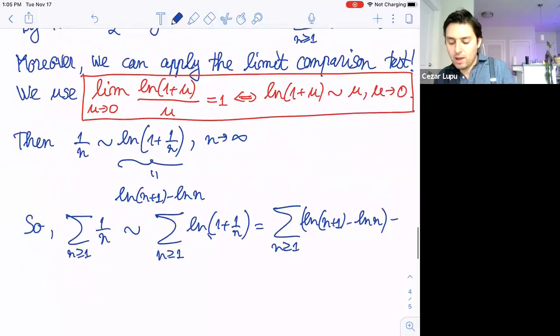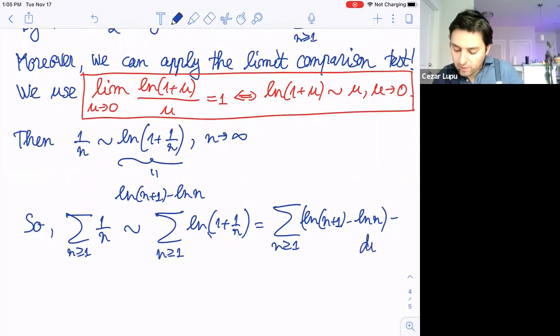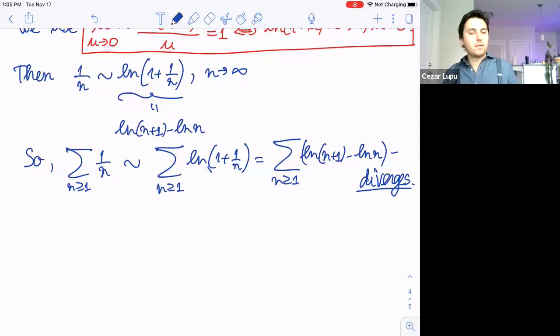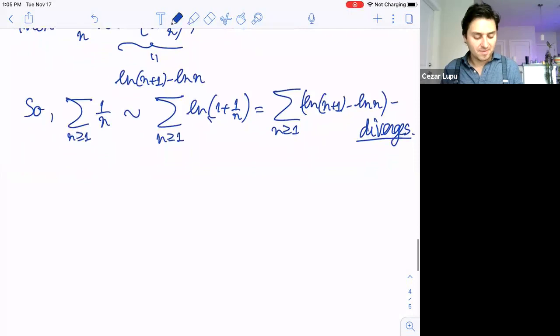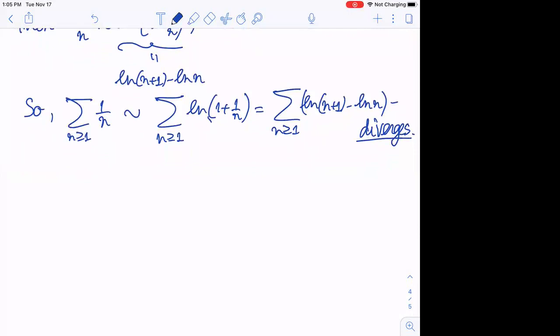But this guy, as we have previously seen, diverges. So by the limit comparison test, this diverges as well, right? Is it clear? Yeah. All right, that's good.